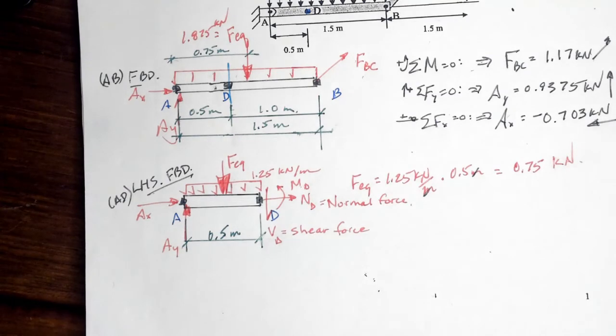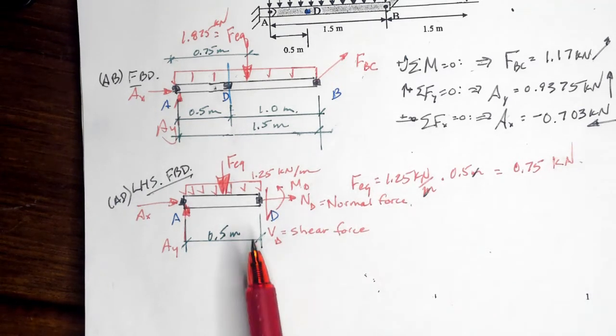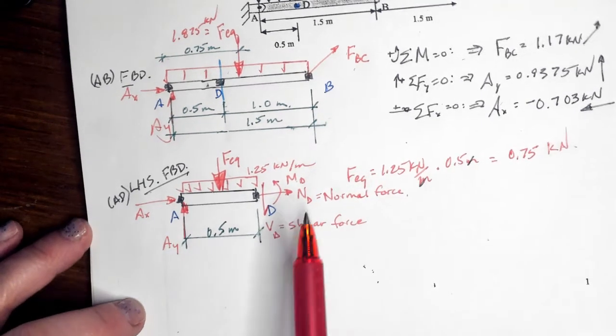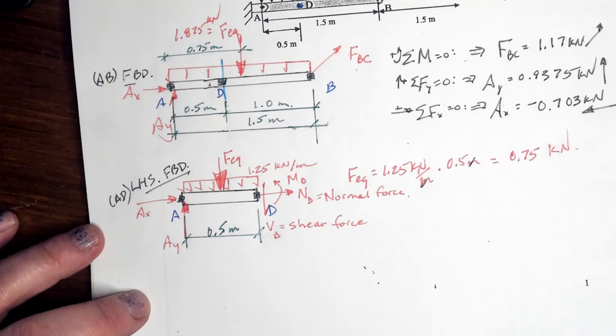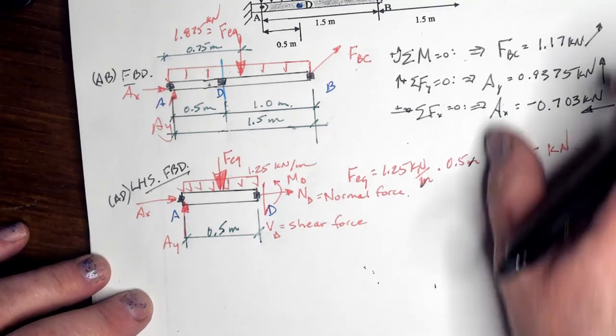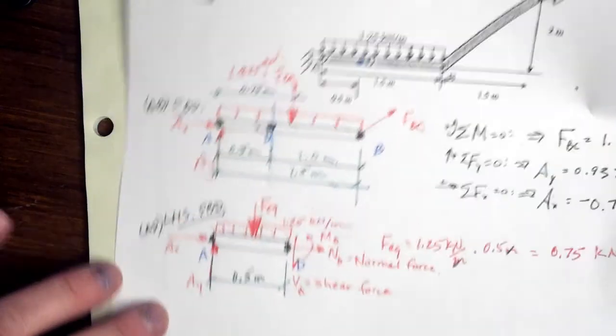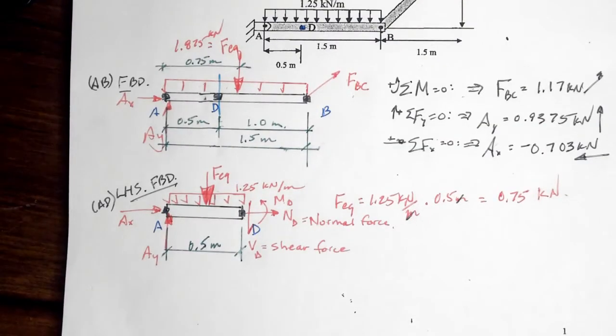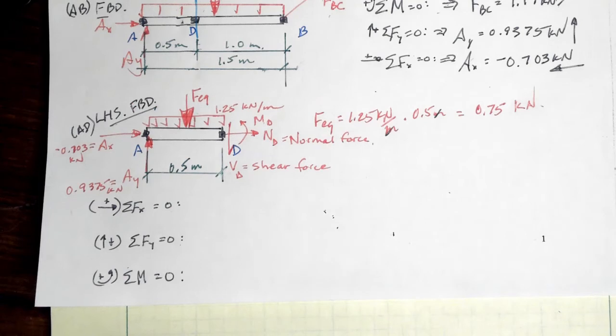So that's how we replace it, creating the effect of equilibrium for this part, acting as an external. So now we are ready to go. We can go ahead and do equilibrium. I'll pause it for you.